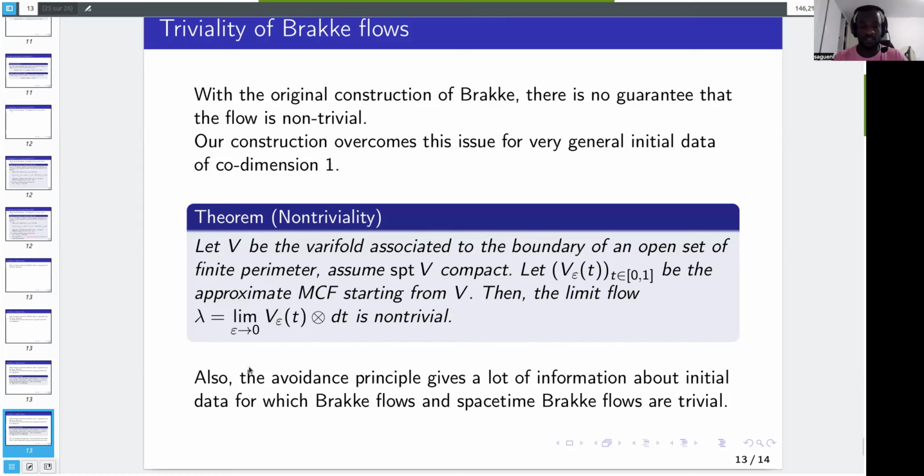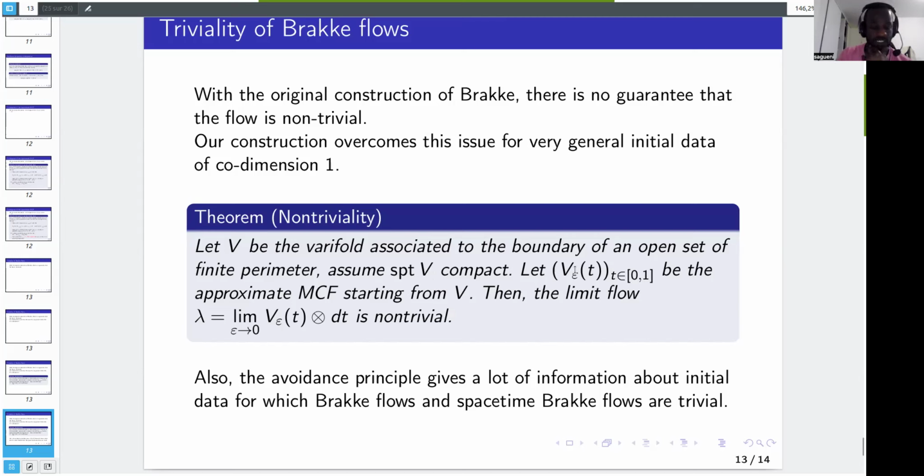Okay. Here is how we formulate the theorem. If you start with a varifold that is the boundary of an open set of finite perimeter, let's say, to simplify, if you start with a varifold which is a C2 manifold, assume it's compact. Okay, so a compact C2 manifold.